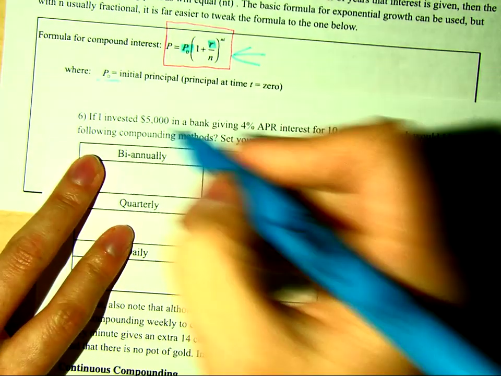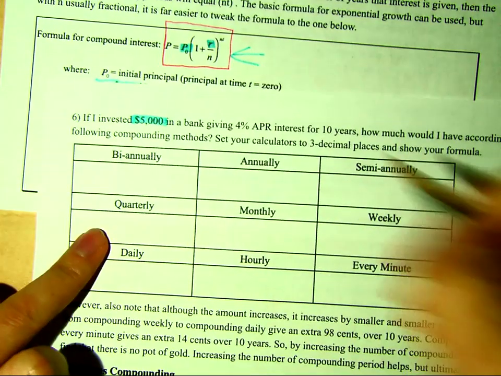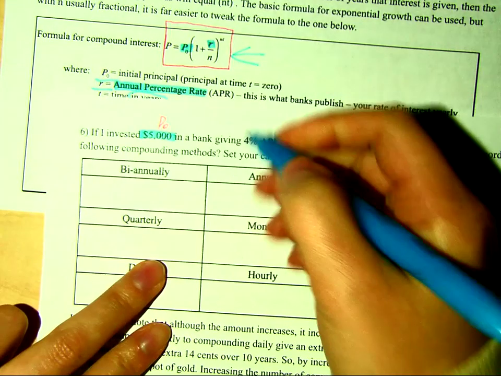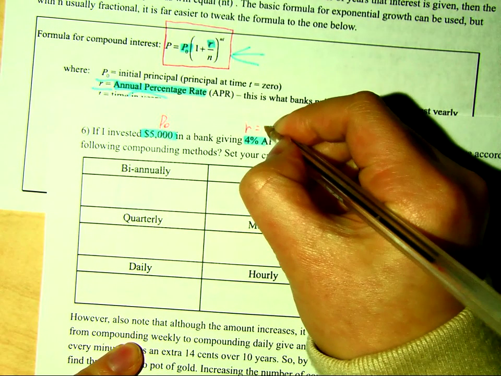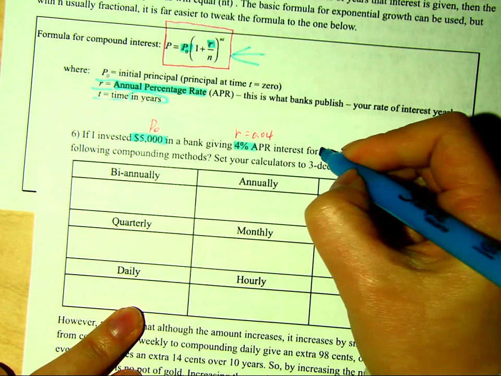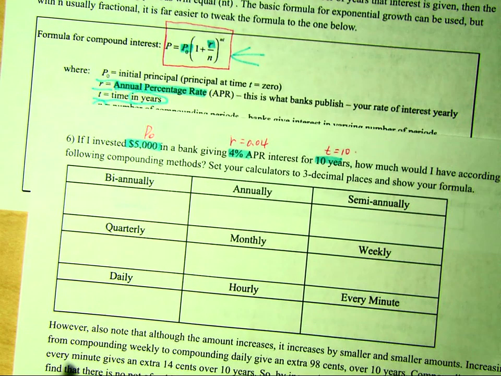If you invested $5,000 in a bank, that will be P sub 0. And given 4% APR, that's your R, and you change this to 0.04. And for 10 years, so we know T is 10. Look at part 1.